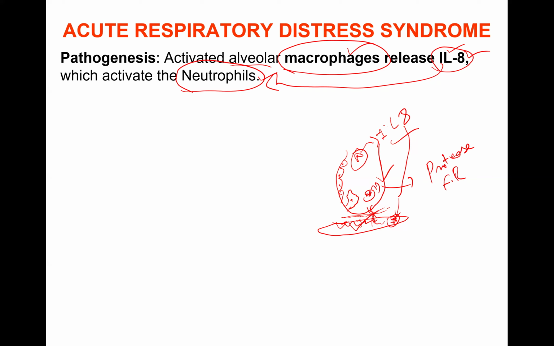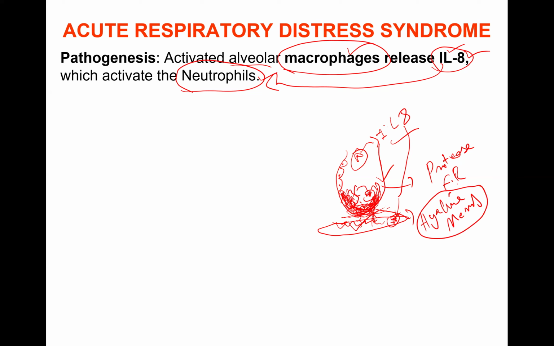Ultimately, from capillaries, proteinaceous fluid will leak out and infiltrate the alveolus. These cells will die because of free radical injury from the neutrophils and protease injury to form this orange or pinkish looking histopathological finding that is called hyaline membrane. That is the hallmark of ARDS.